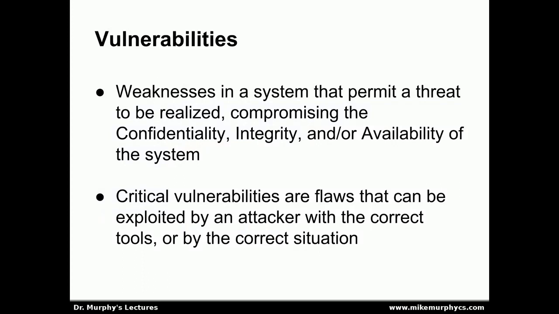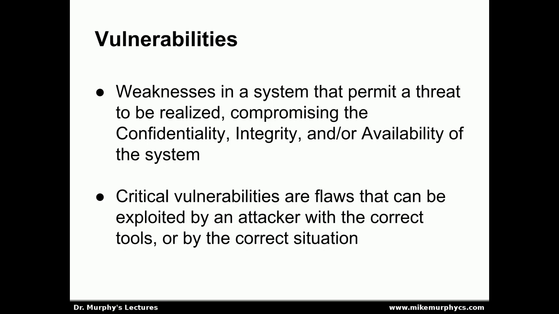Now, the difference between a threat and a vulnerability is that vulnerabilities are weaknesses in a system that permit a threat to be realized, compromising the confidentiality, integrity, and/or availability of the system. So the threat is the potential harm that could come to the system or the potential force that could affect the system. The vulnerability is the weakness in the system that allows that threat to get in and materialize.